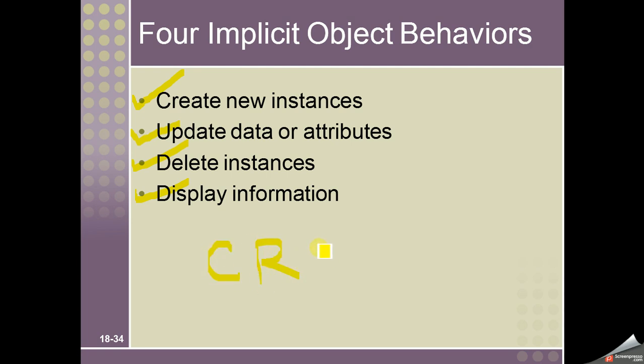So for every data item in the data flow diagrams, or for every class in the class diagram, we need to have these 4 behaviors. They are a must for every class. We should be able to create the new instances, we should be able to read the information, update, and delete the instances, right?